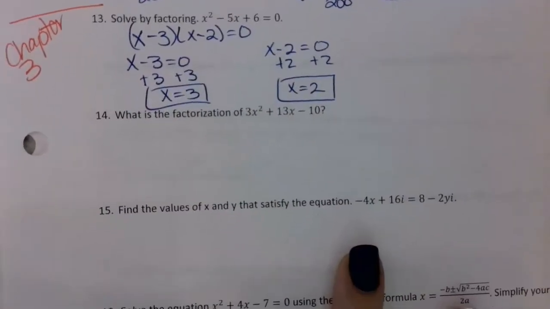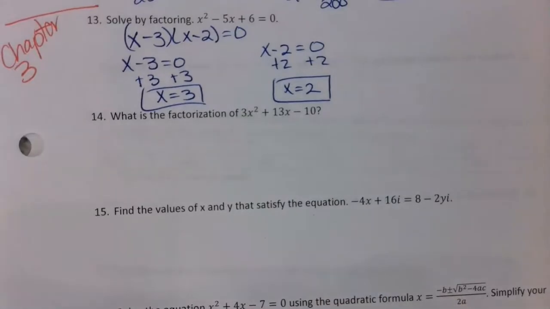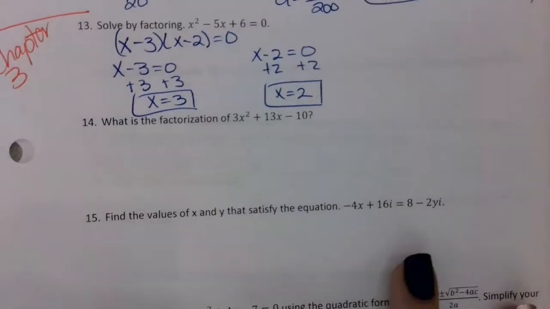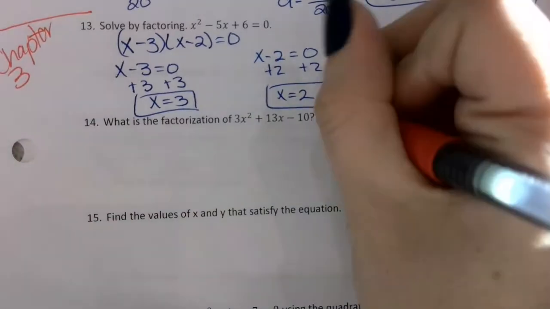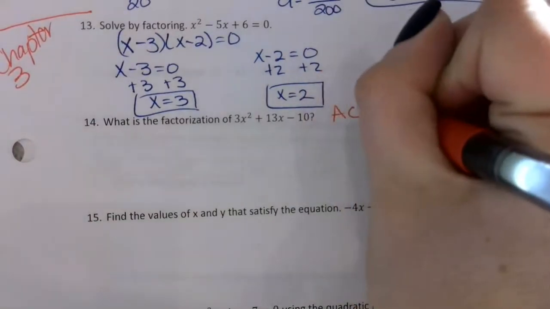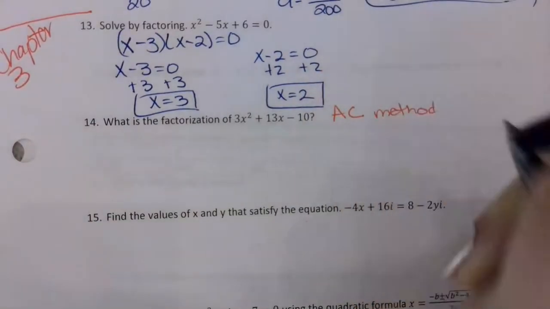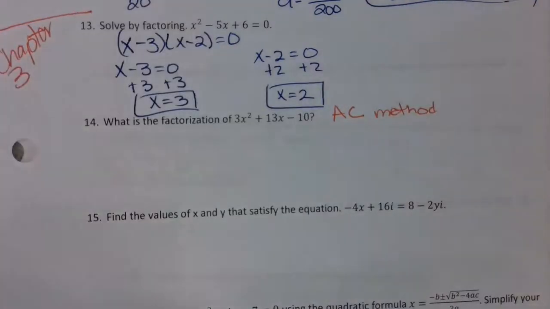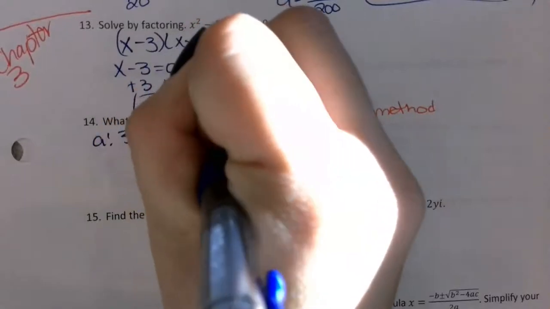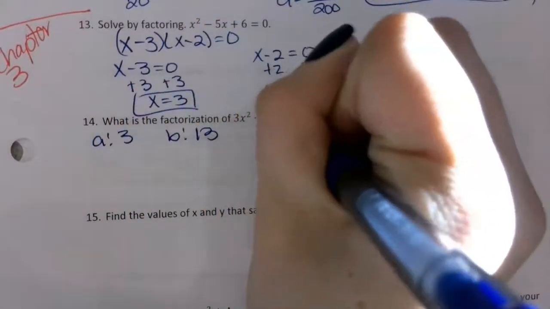Okay. Number 14, this one I do have to solve with a very specific method. This one is the AC method. So I want to figure out my A, B, and C values. A is 3, B is 13, C is negative 10.